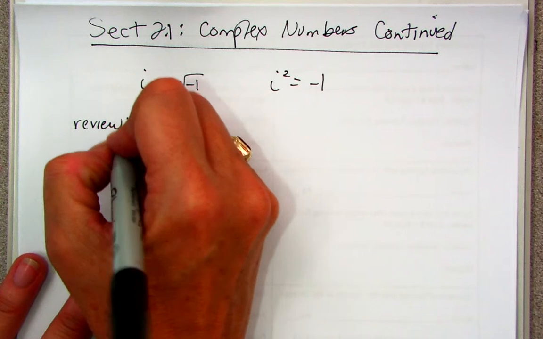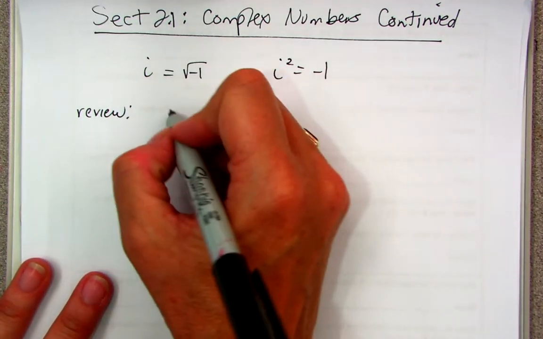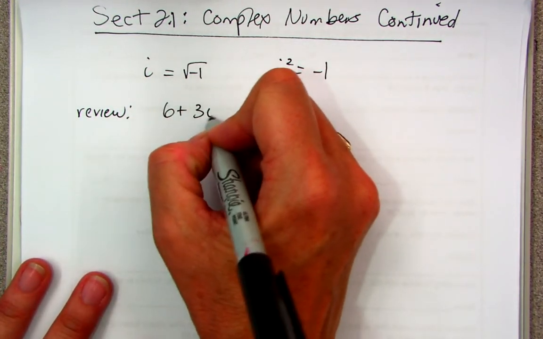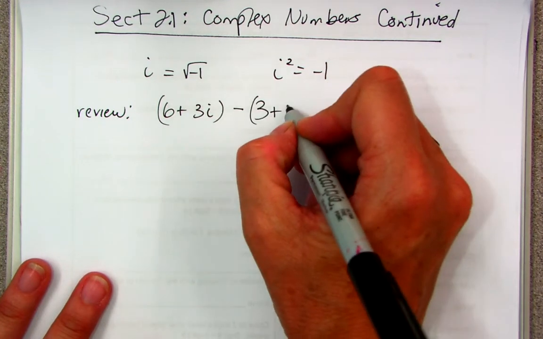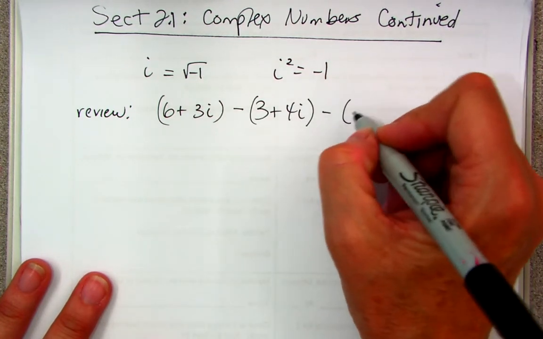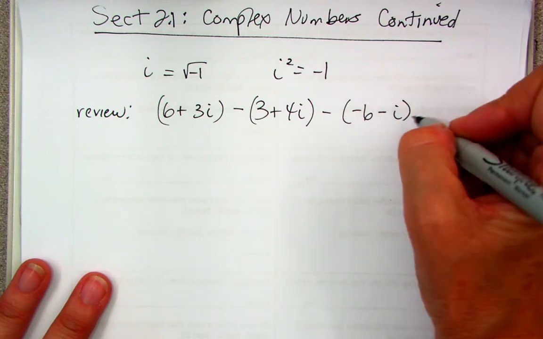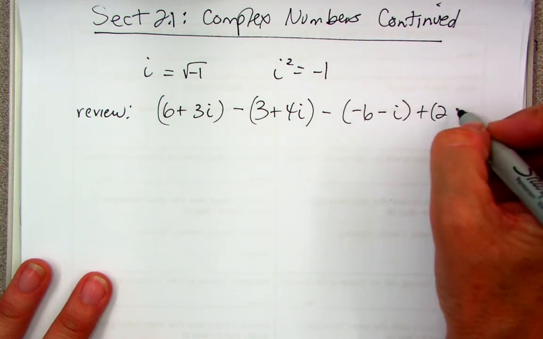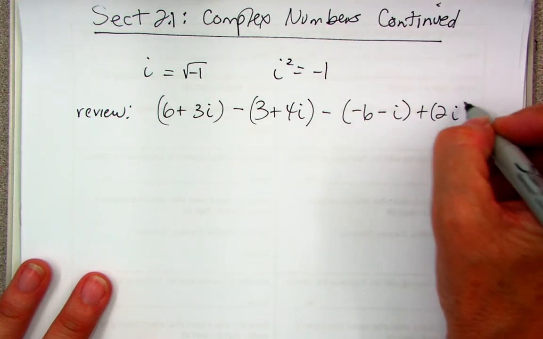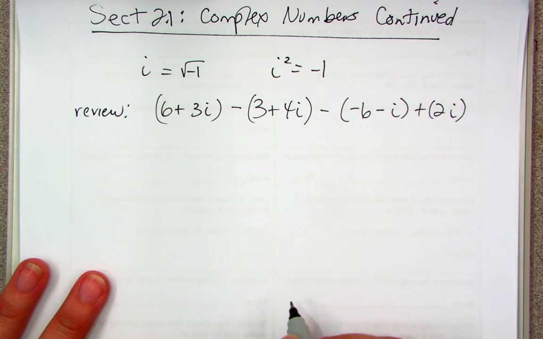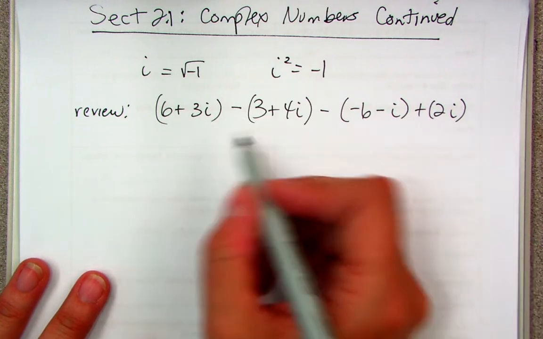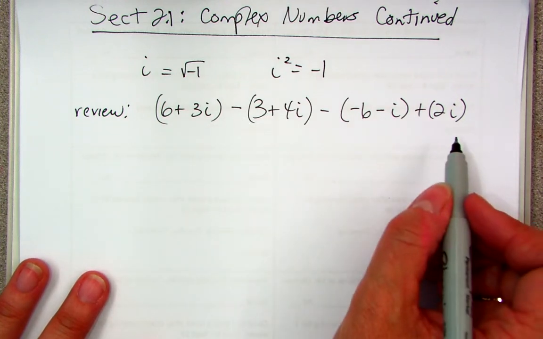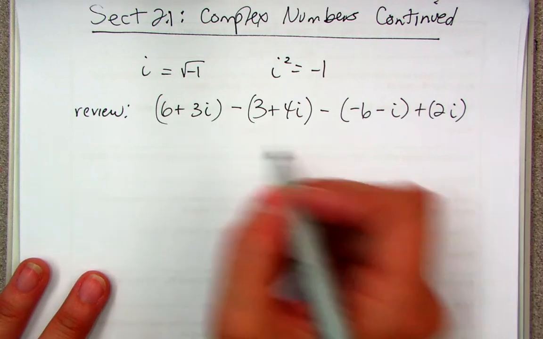I also would like to review adding and subtracting. So another way that we could do this is just distribute all the negatives, remove all the parentheses, and combine like terms.